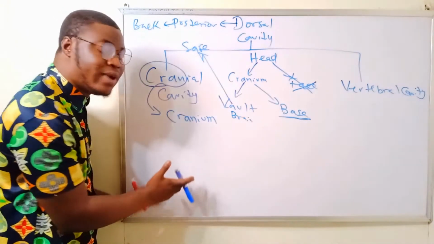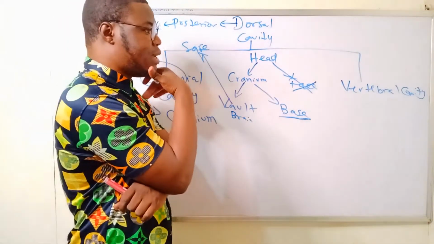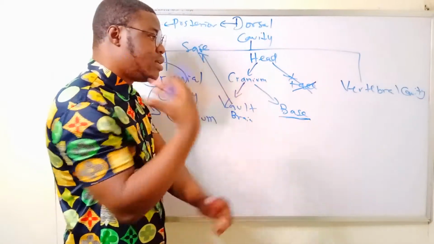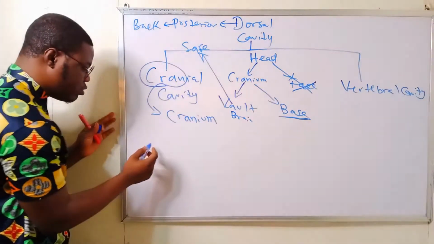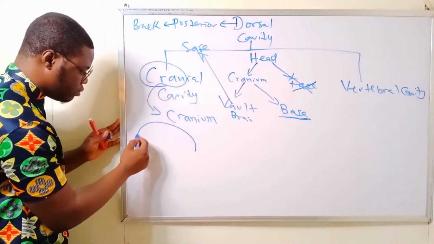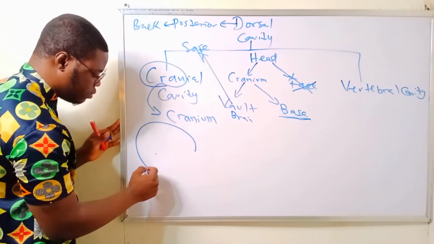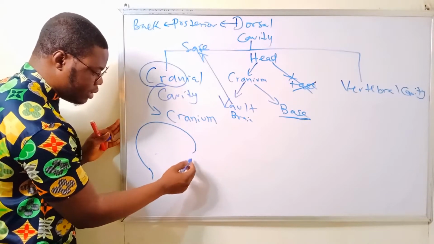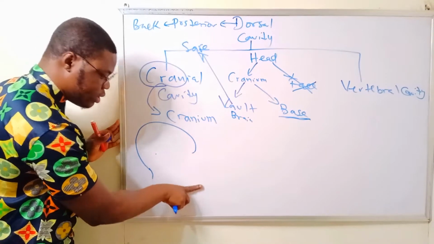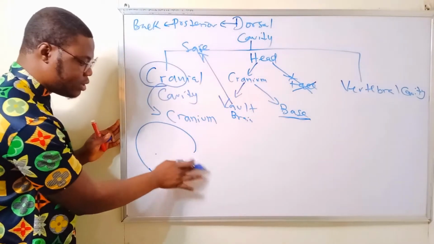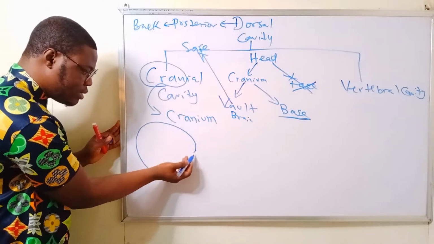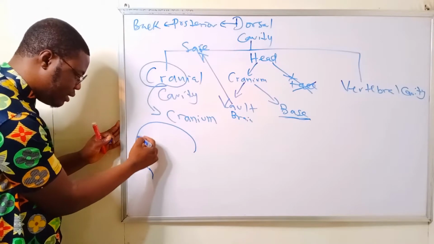Now, let's use a pictorial illustration. I'm facing you laterally, my side, and I'm looking at this junction. So if I'm to draw this part of my head, we are going to have a structure that looks like this. And then you can have the face at this junction, but we don't need the face. What we are interested in is just the vault alone. Here, all this curve, that's the cranium.